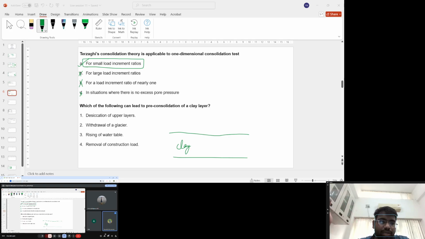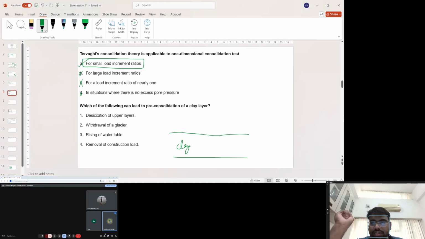All right, am I clear now? Yes, sir. So, as you rightly mentioned, options 2 and 4 contribute the opposite. The formation of glacier and the presence of construction load lead to pre-consolidation.